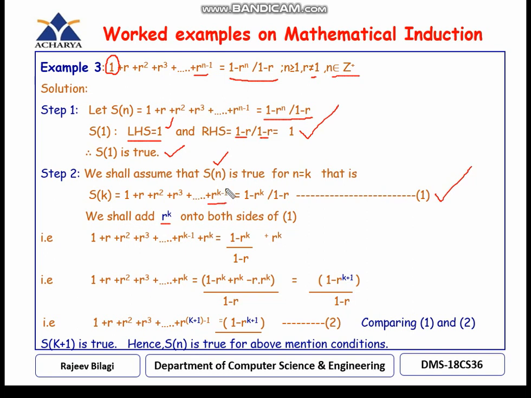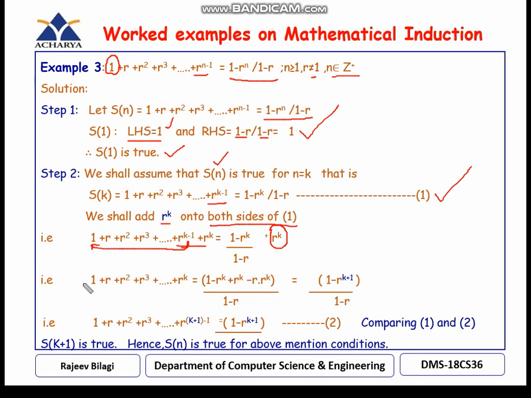So r to the power of k. This I am going to add on both the sides. So if I add this, till this I have 1 minus r to the power of k divided by 1 minus r. I am going to add extra r to the power of k on both the sides.